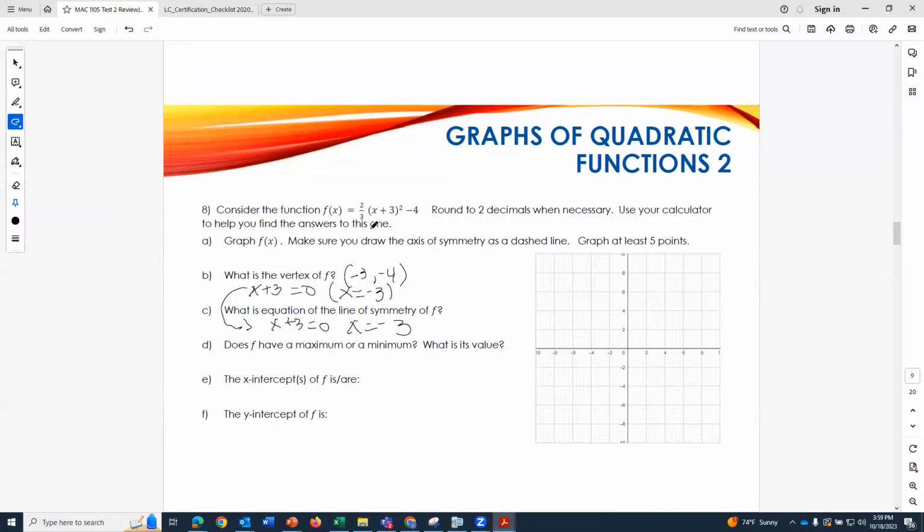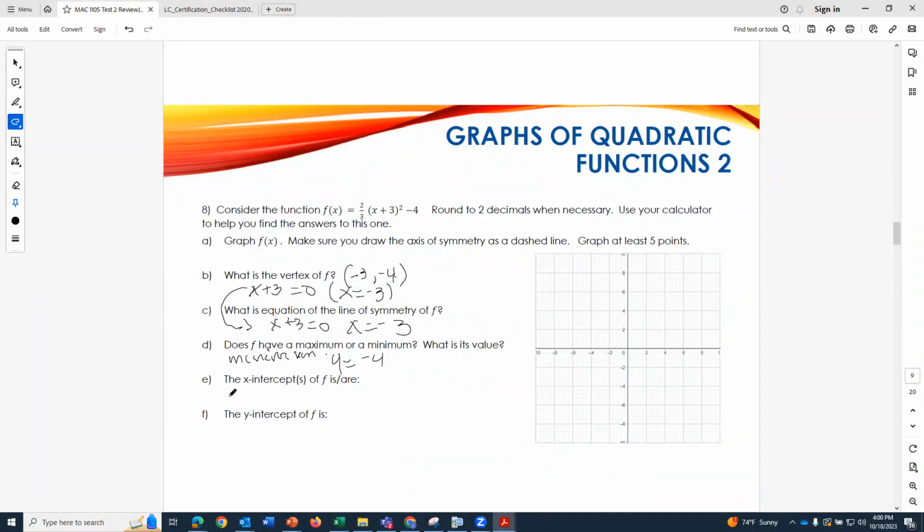That means the function admits a minimum, not a maximum. If it was negative, it would be a maximum. And yes, it's a minimum. The value of this minimum is y equals the y of the vertex, which is -4.